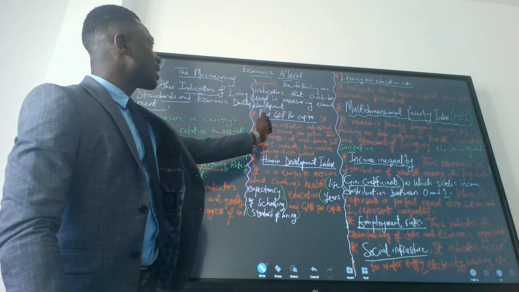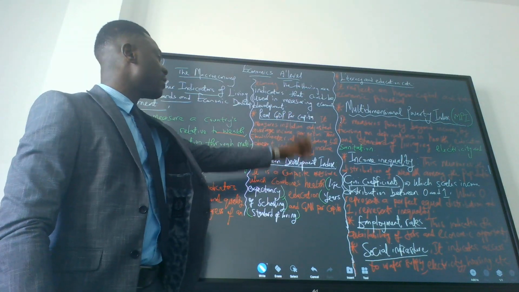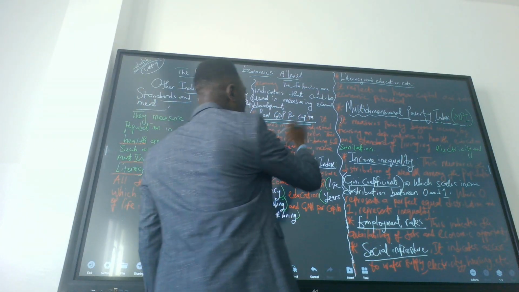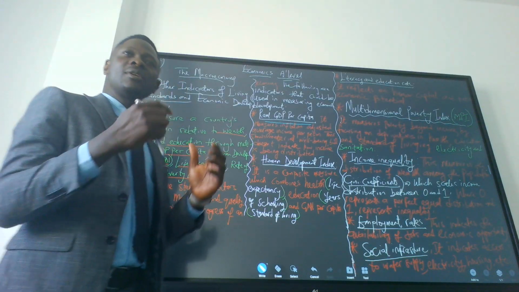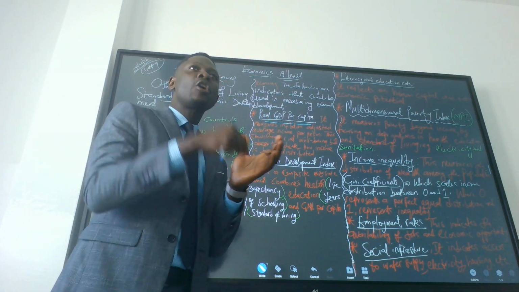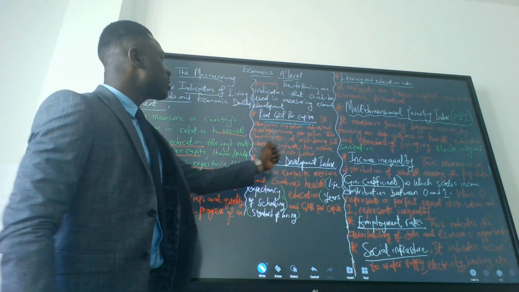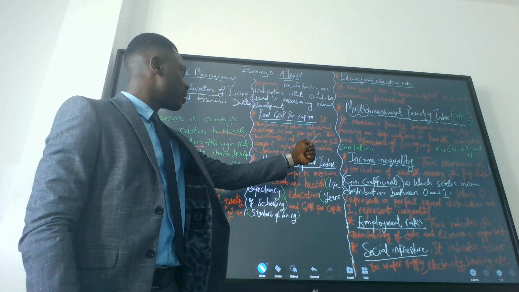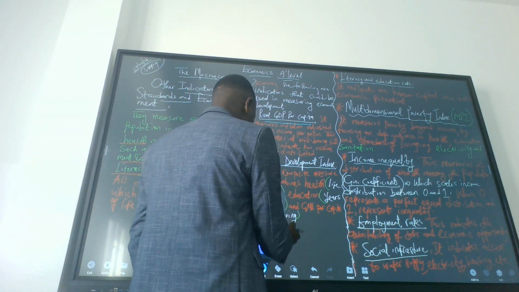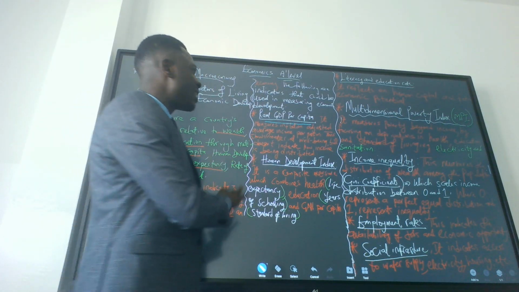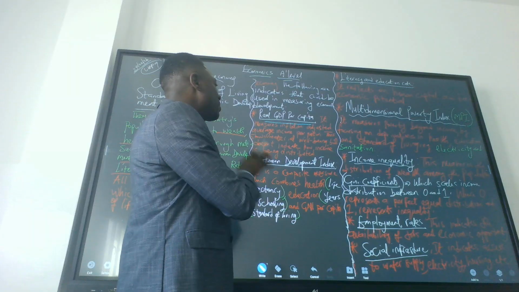So the following are indicators that will be used in measuring economic development. The first one we're going to talk about is GDP per capita. For GDP per capita, we're simply talking about the income per head that has been adjusted for inflation. So it measures inflation adjusted average income per person. This shows material well-being, but doesn't indicate how income is being distributed.